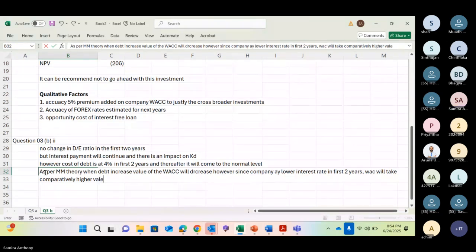Hello? Theory says when debt increases, WACC comes down, right? But here the rate is very low.